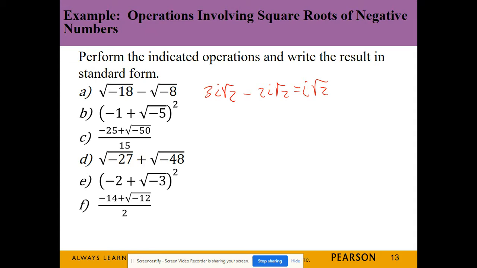For part B, I'm first going to simplify the radical there. So that's going to end up being i root 5. Remember, when you square a binomial, it's like you're foiling.